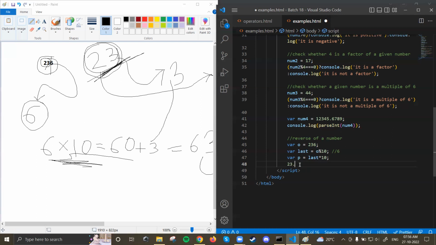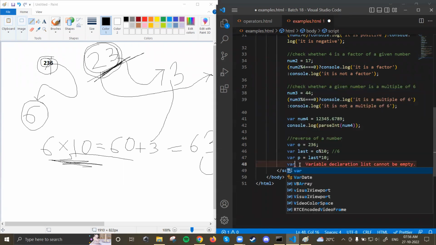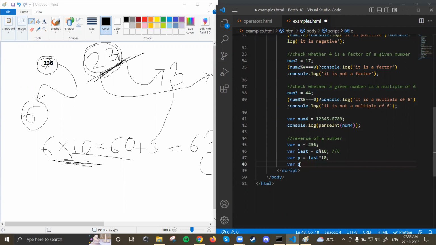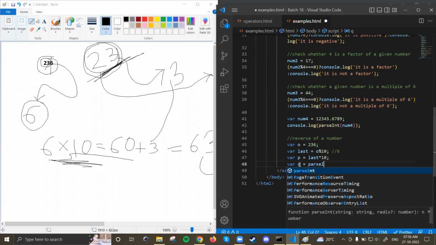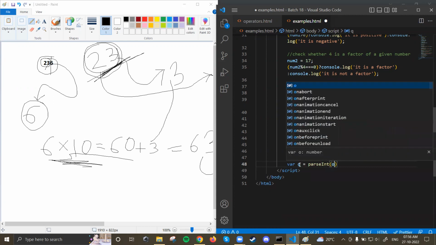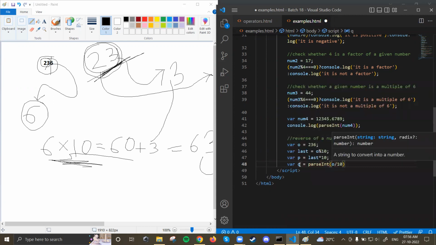So I'll write, let me take it as Q, where Q is equal to parseInt of O by 10. What is O?